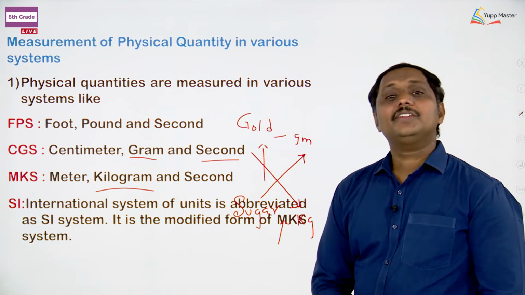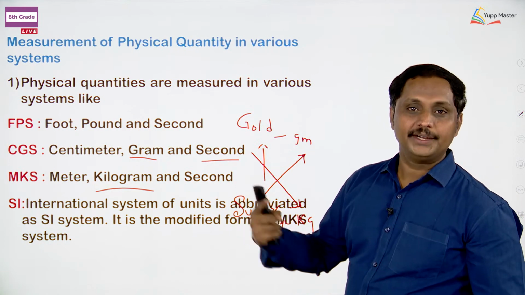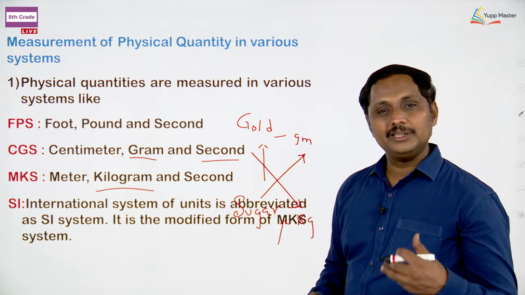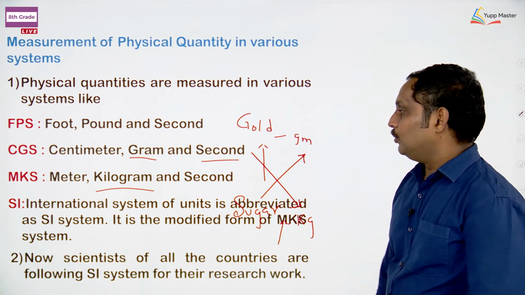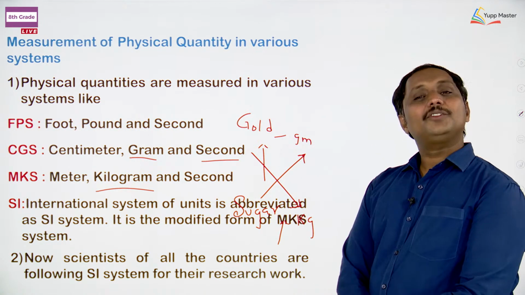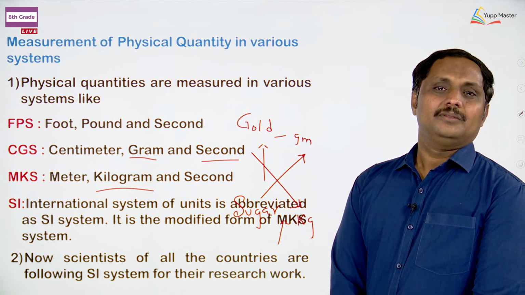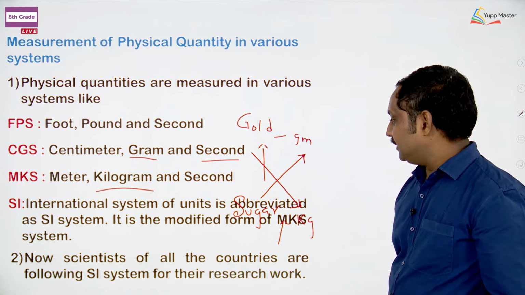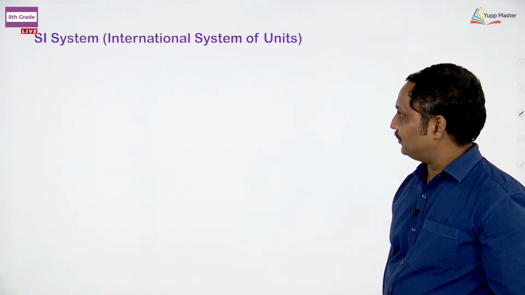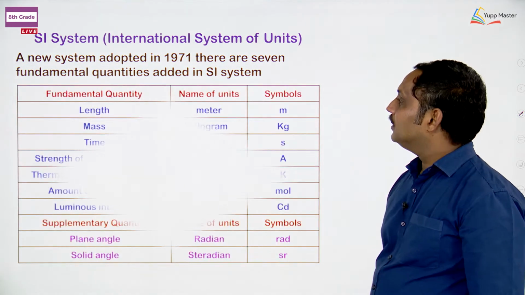Yes, there is an internationally accepted system to follow common units. That is very clear. The international system of units was accepted in 1971, and from then we are all following it. Let's have a look.